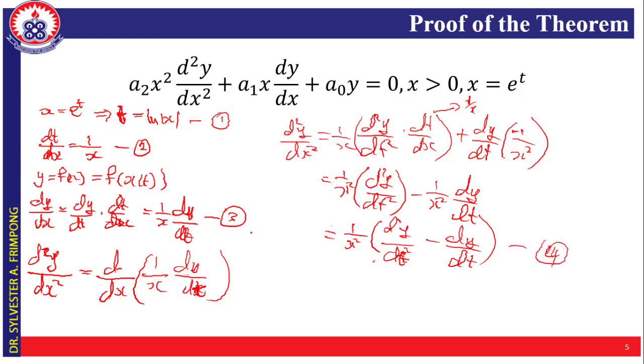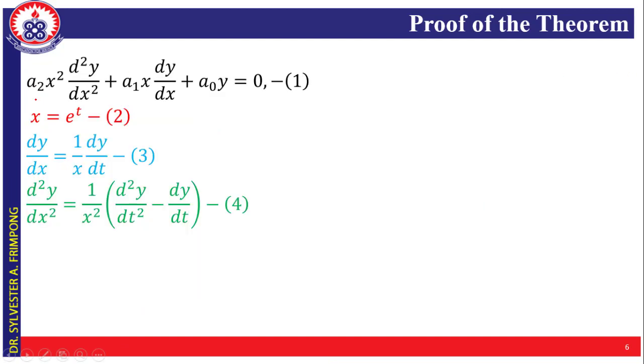So what you're going to do is substitute equations 2, 3, and 4 into this function. That's this equation. So in summary, these are the various derivatives you have. You're going to substitute equations 3 and 4 into equation 1.